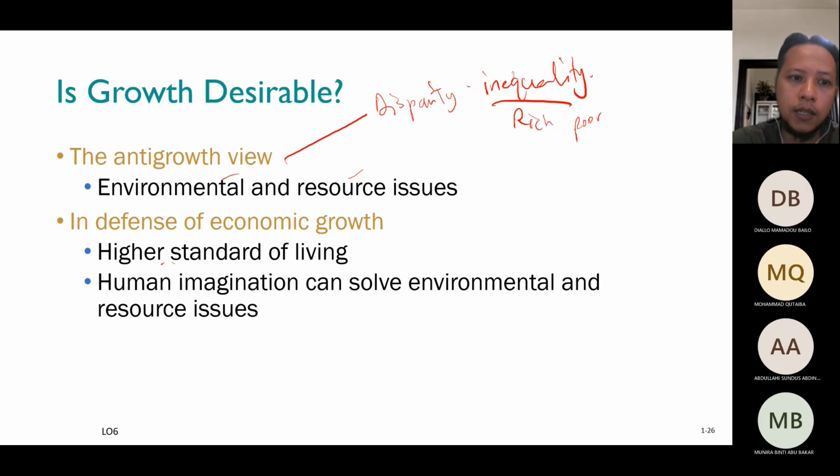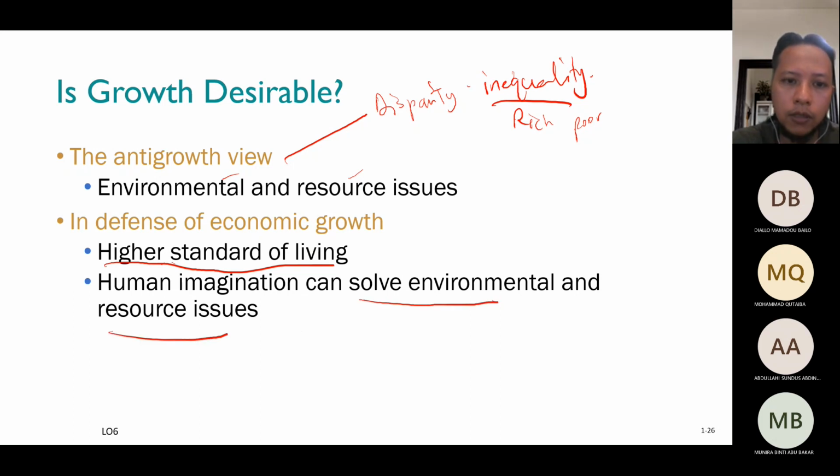growth also comes with a higher living standard, and we also have a higher intellectual capacity in terms of imagination and technology to solve environmental and resources issues.